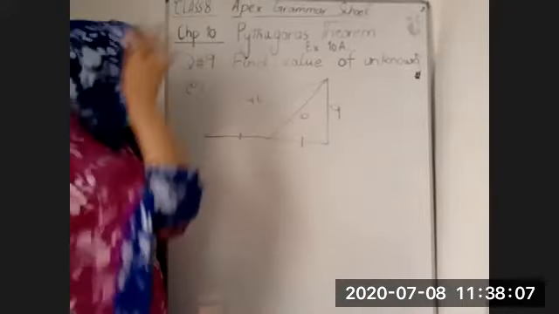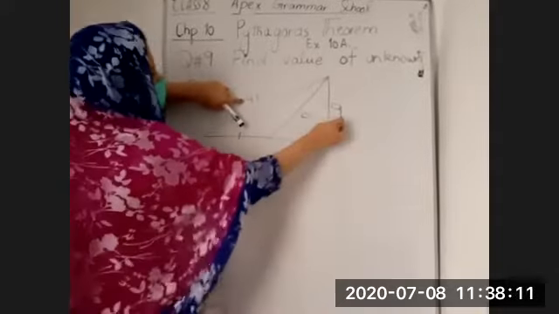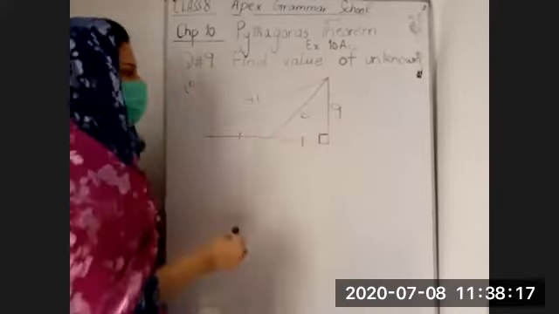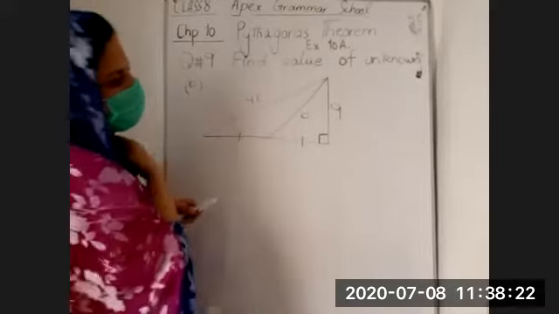In the shape, this length is 41 centimeters. The other hypotenuse is B, and this length is 9 centimeters. You are given that this angle is 90 degree because in chapter number 10 we are discussing right angle triangles. So obviously you will be given a right angle triangle.